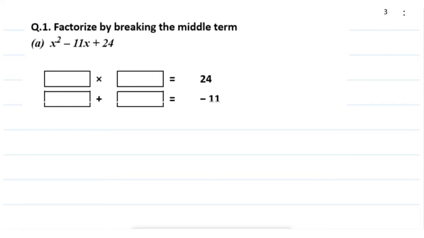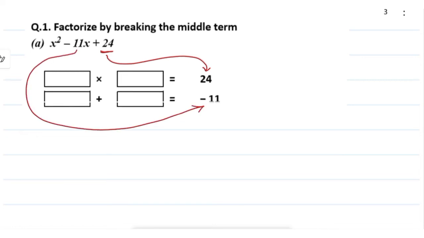We'll be looking for the numbers whose product is 24, but whose sum must be -11, which is the middle term. From the previous example, we know this must be -8 times -3, which is +24, and -8 plus -3 gives us -11 as a sum.